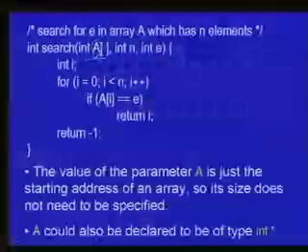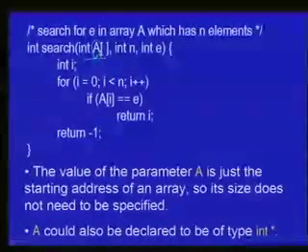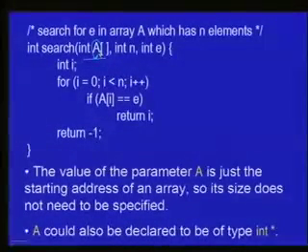The reason is that when the memory is allocated for this parameter a, the amount of memory required is the amount of space needed to store just one pointer value or just one address, and so that does not depend on how many elements are in the array that is being passed as an argument.